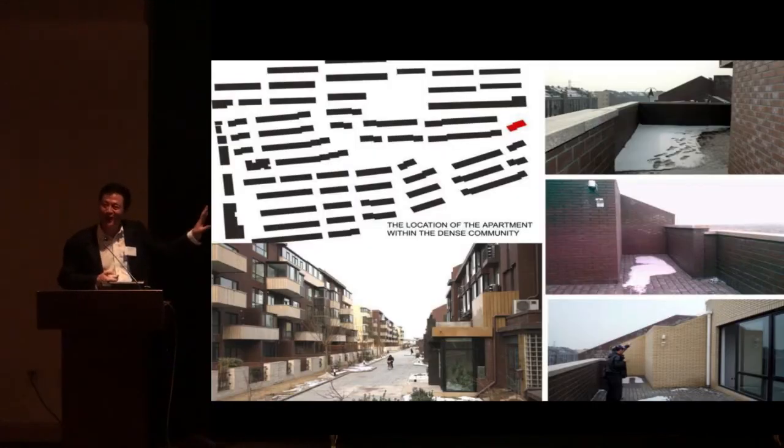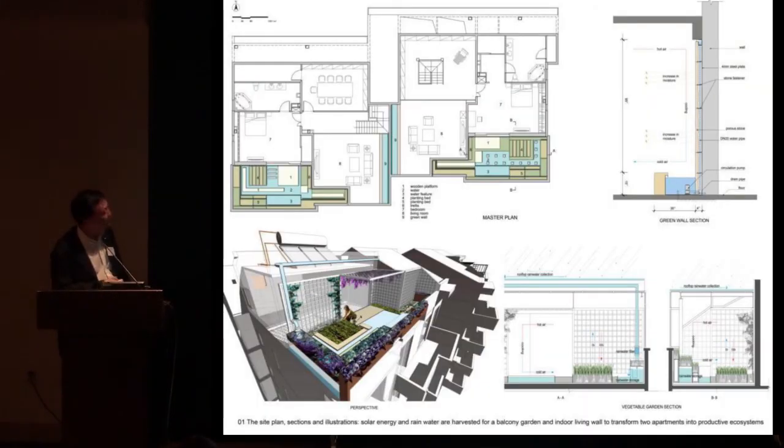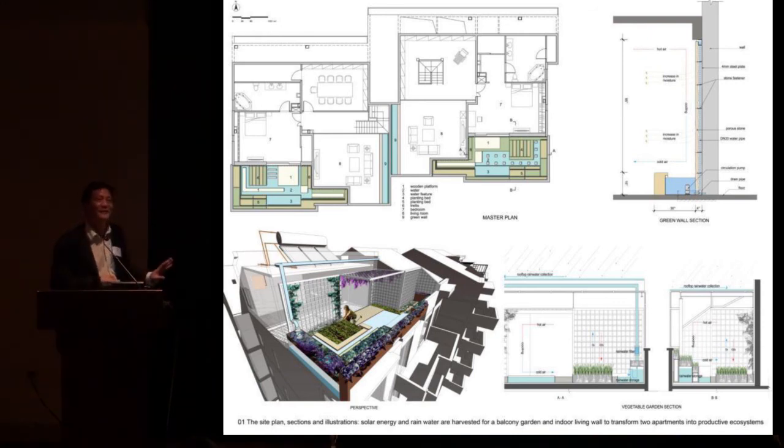But I want to show the real one. How can we transform the unsustainable buildings? Use the farmers' approach, or peasants' approach. Now, this is my own apartment in a very dense community. Collect stormwater again, irrigate the platform, and grow and harvest.